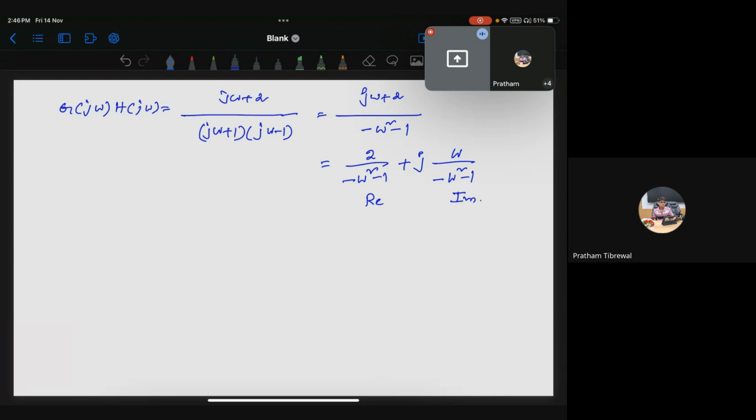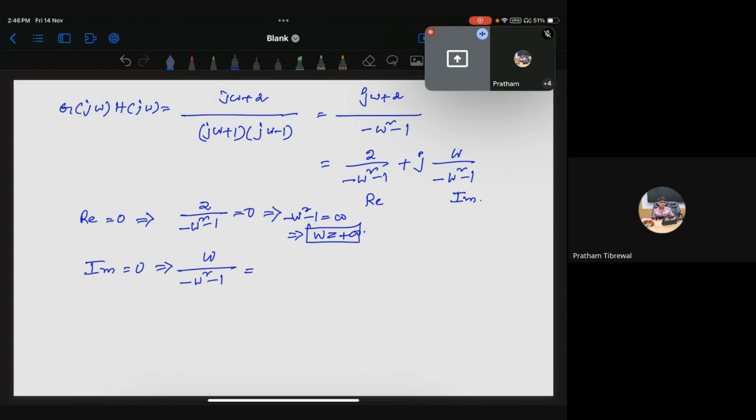Okay, if you make the real part 0, that means 2 by minus omega square minus 1 equal to 0. So omega square minus 1 is equal to infinity. So omega is what? Infinity. That is the first one. Plus or minus infinity, whatever it is. Next, the imaginary part, if you make it 0, omega by minus omega square minus 1 equal to 0.